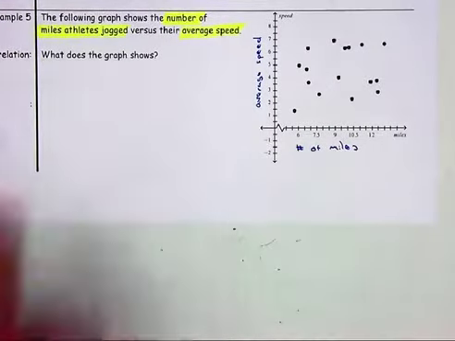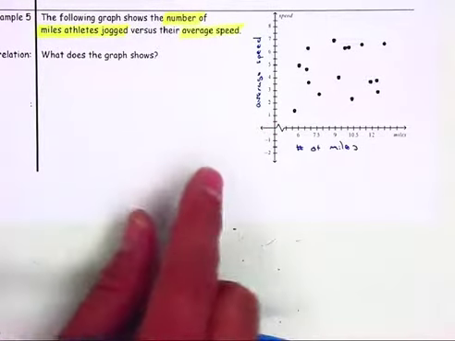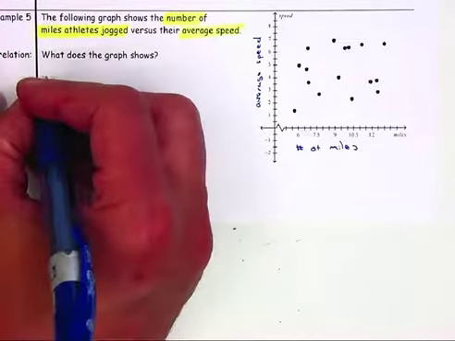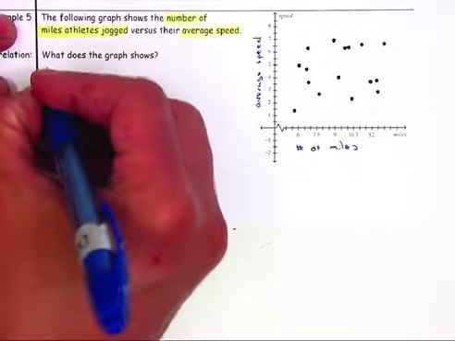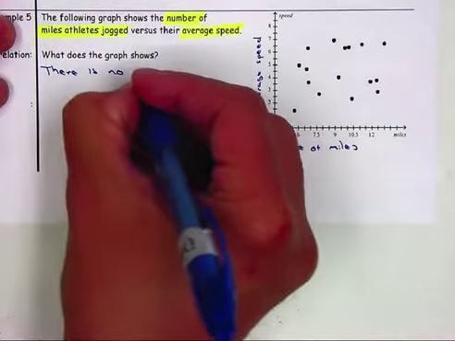And now, what does the graph show? If you notice, all the points are all over the place, so therefore we're going to say there's no correlation. It doesn't show us anything. There is no correlation.